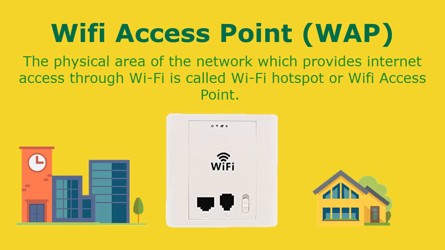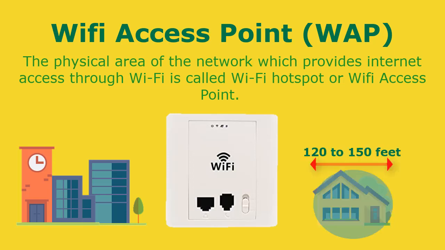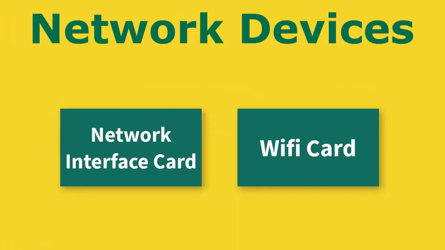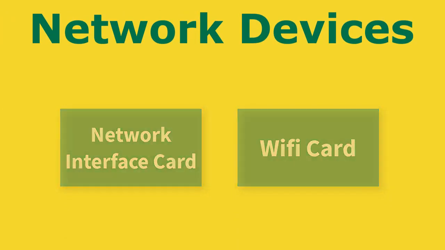Every access point has a range of around 120 to 150 feet for home or much larger for school or university, and only devices within this range can connect to the network. There can also be a limit on the number of computing devices that can connect to the network. So with a NIC or Wi-Fi card, your device is ready to talk to other devices.